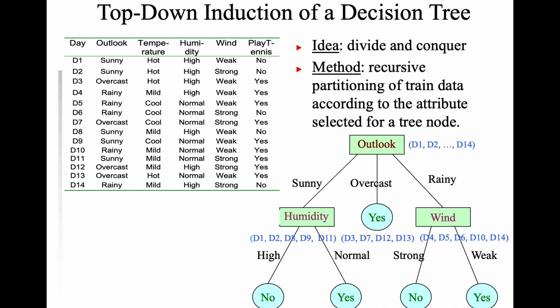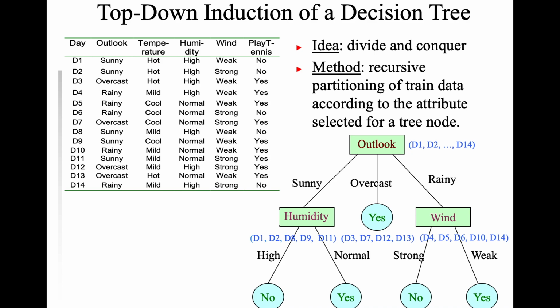If I show you a tree, it's very easy to follow a line. But what is the challenge here? Yep, how to choose our root node. How do we know that we have to start from outlook and not humidity, or, for example, wind? So that's one of the issues.